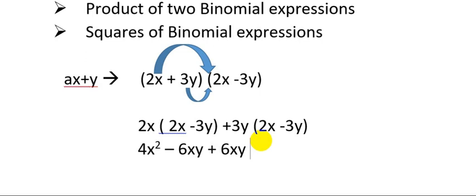It is just a matter of writing the alphabet letters in the proper order. And the last term is plus, again you multiply with minus, so minus 3 multiplied by 3 is equal to 9. y multiplied by y is y square.